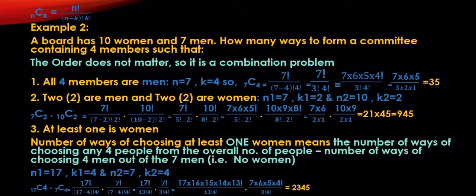If he's asking you about the women, this is the total number of the women, 10. You cannot choose 11 because you have only 10 women. You cannot choose 8 or 9 men because you have only 7. But you can choose 12 people out of the total of men and women.